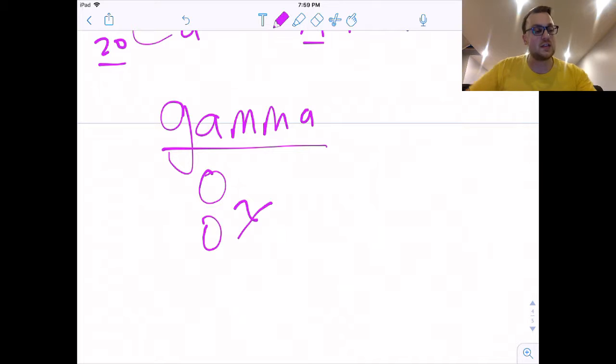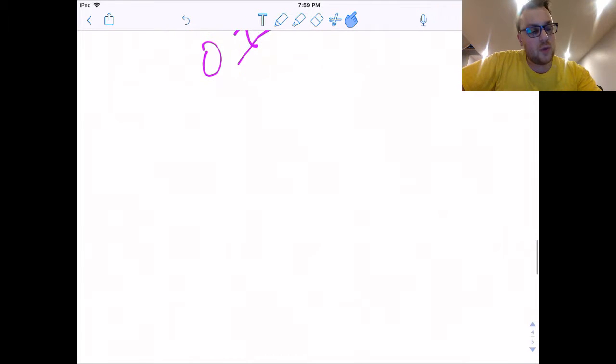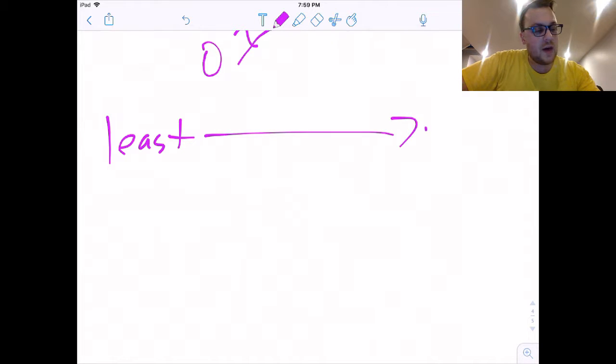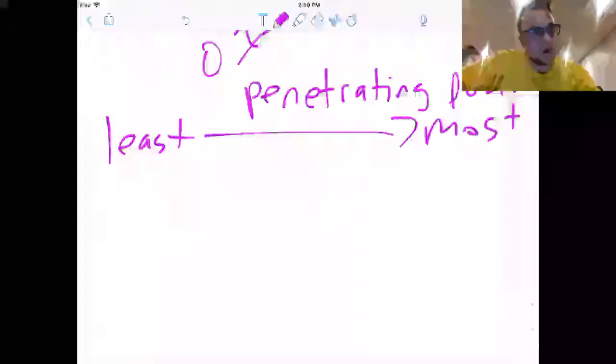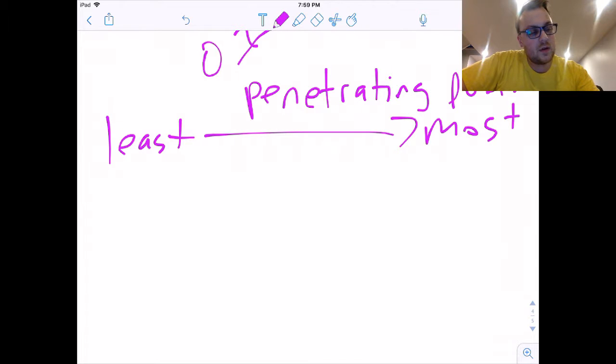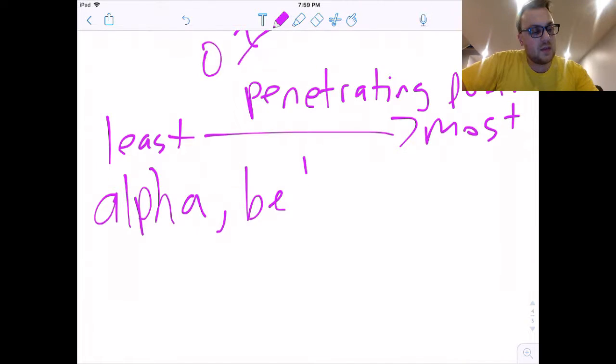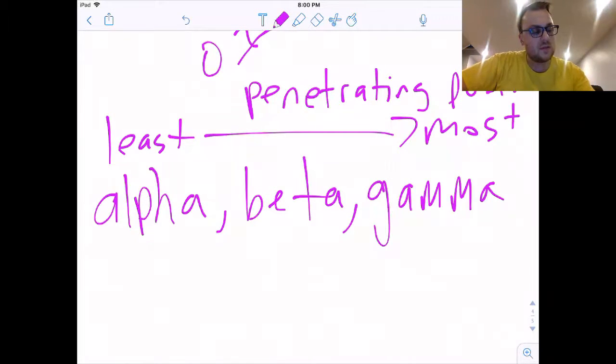So if we were to organize these from least to most penetrating power, I'm just going to write penetrating power. It goes in alphabetical order. Alpha, beta is in the middle, and then gamma is the most dangerous. All right, alpha, beta, gamma. Least to most penetrating power.